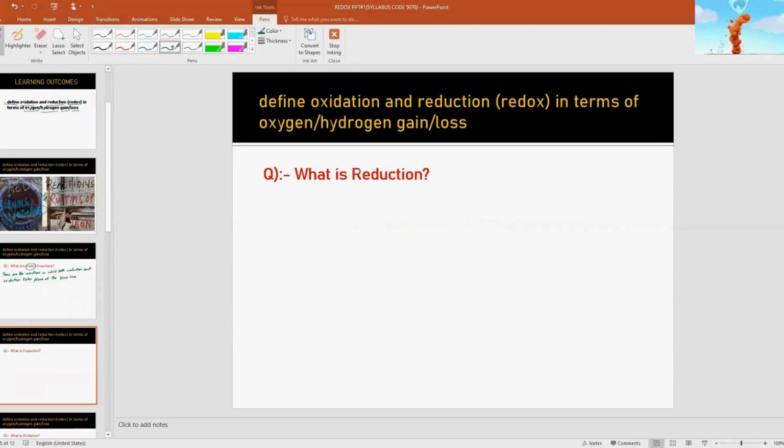Now, what is reduction? It is a process or reaction in which either gain of hydrogen or loss of oxygen takes place.